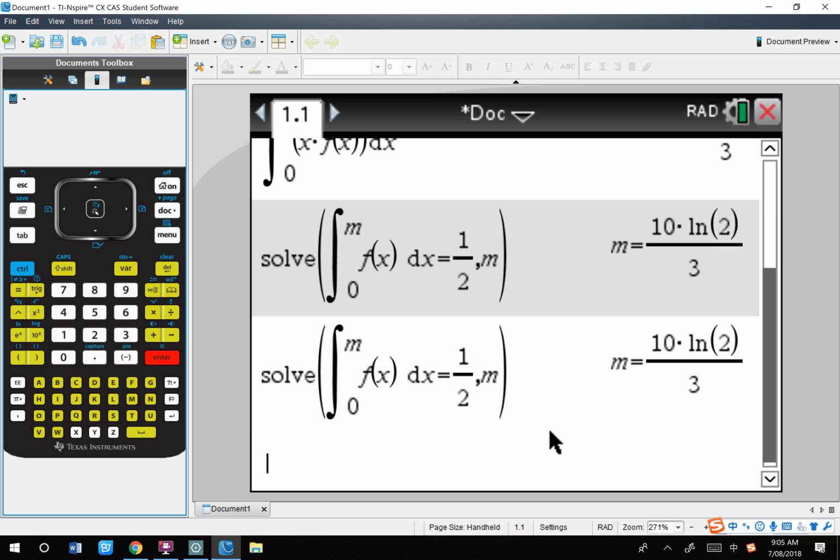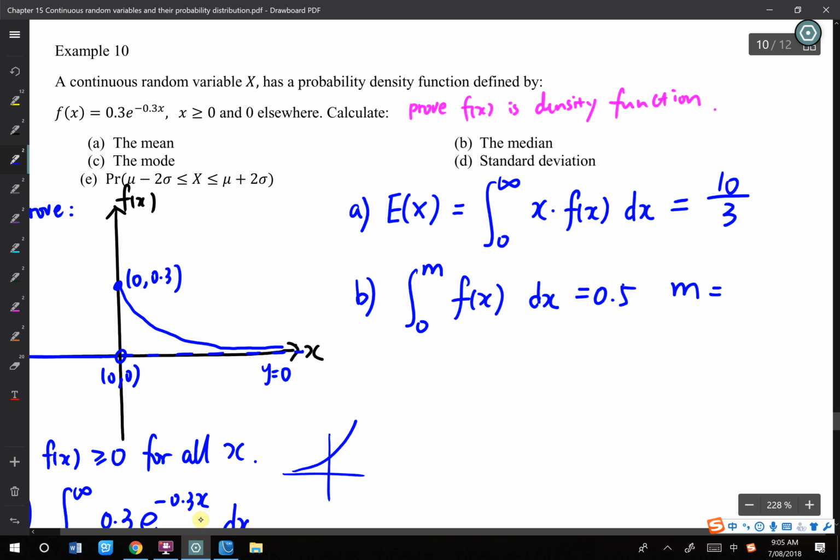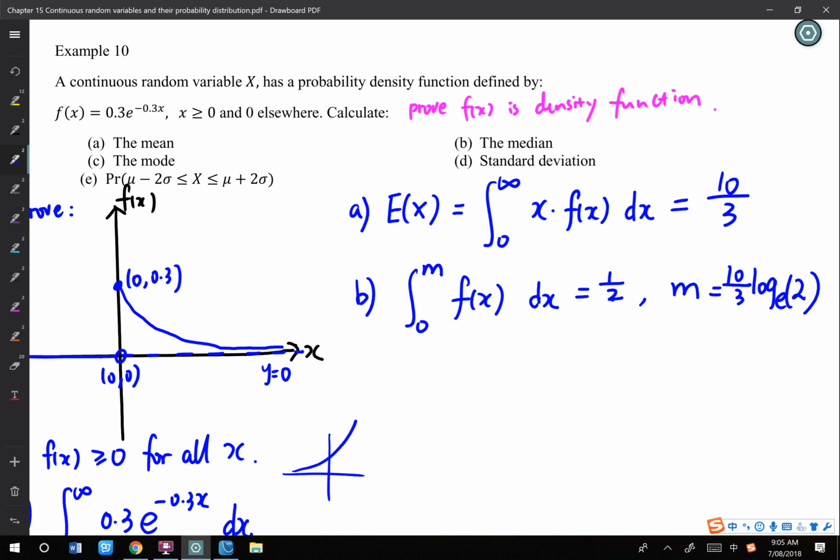Well, I can have an exact value. My m is 10/3 log e 2. If you keep everything exact, I should have 10/3 log e 2 for the median.